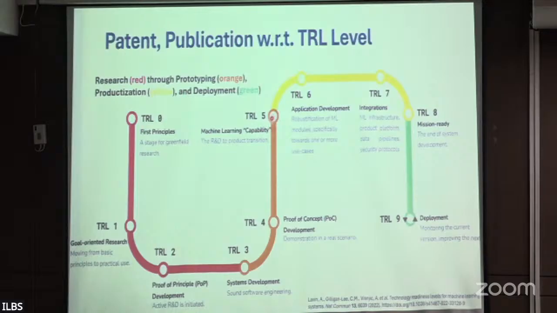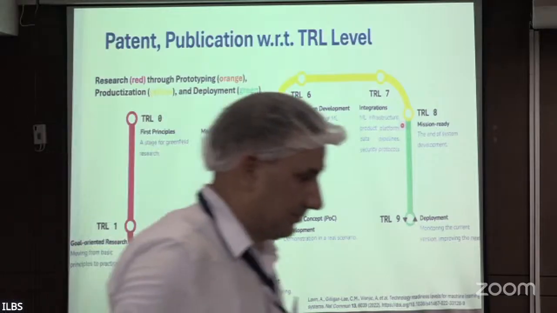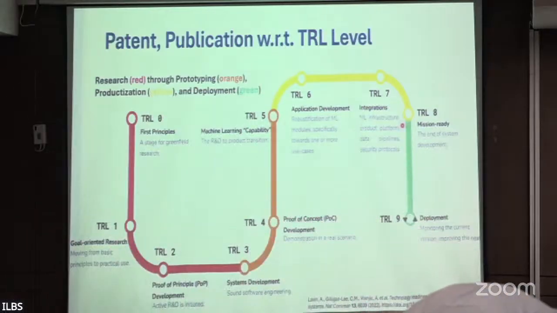Most studies' fate is like this till now. Beyond this, it needs a lot of funding, government support, effort, manpower, and logistics. So this yellow and green part is the difficult part actually. Red and orange are difficult, but yellow and green are more difficult.